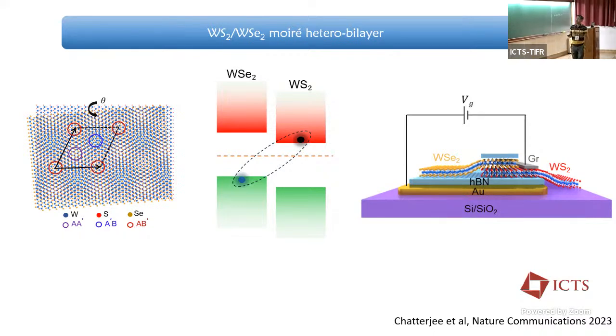Specifically, we are talking about the tungsten sulfide and tungsten selenide heterojunction. This is a type 2 heterojunction, so the electron stays in tungsten sulfide and the hole stays in tungsten selenide.